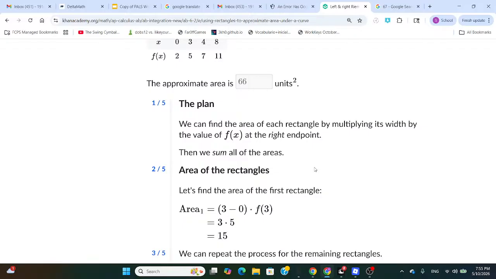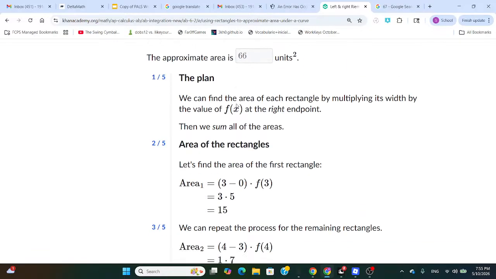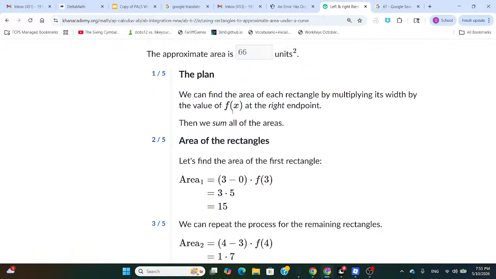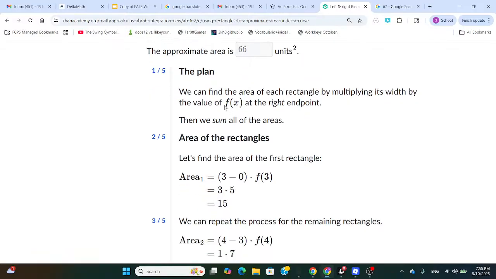You can find the area of each rectangle by multiplying its width by the value of f of x at the right endpoint. Then we sum all of the areas.